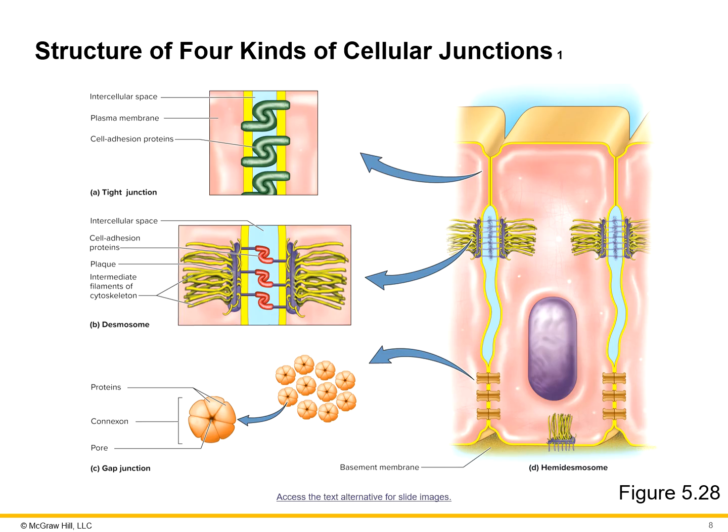Then if we look at the apical surface, or that free surface up at the top on the other side of the cell, that's where we're going to find those tight junctions. So this tight junction is going to anchor those two sides of the cell very closely together.